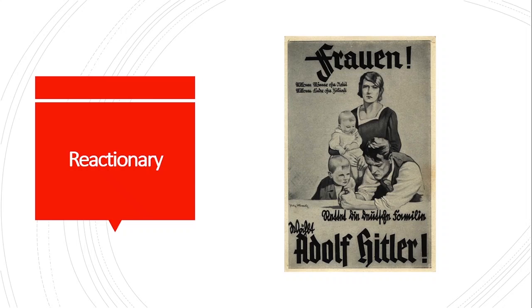So they can be seen as traditionalists, conservative in nature. A mass of contradictions. They looked to the German peasant as the source and preserver of German values, and they sought to uphold the traditional roles of men and women.